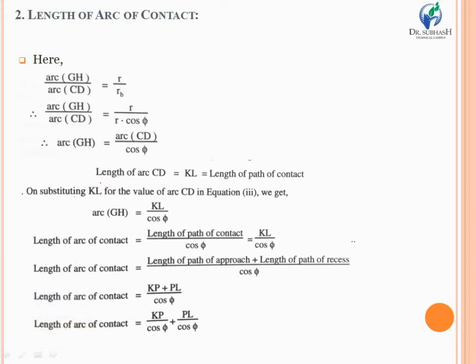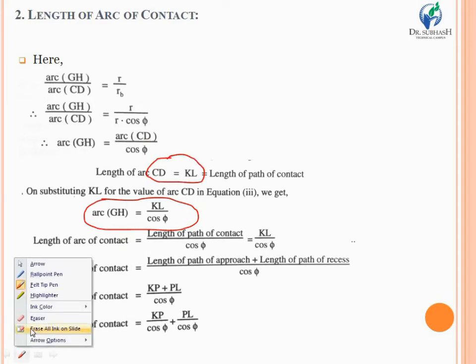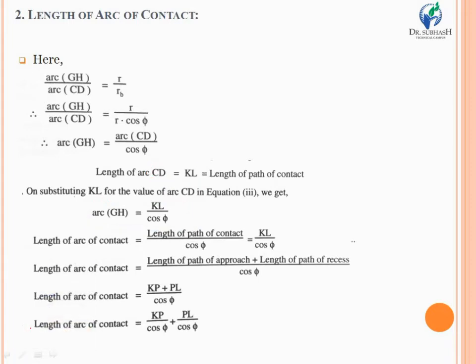So ultimately we can say that the length of arc CD is always equal to KL, which is the length of path of contact. Now putting that value of KL in the above equation, we have arc GH equal to KL upon cos phi, because we know that CD is equal to KL, so CD is replaced with KL, which is the length of path of contact.